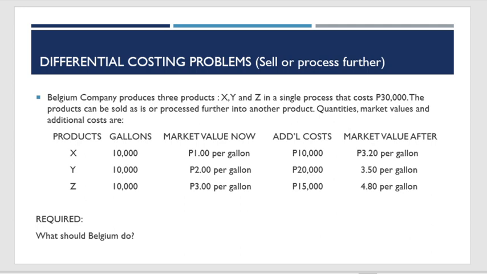So, ano lang ang sinasabi sa requirement? What should Belgium do? So, binigyan ka ng sell or process further. So, ang orientation mo dito ay, ibibenta ko na ba itong product ngayon or ipaprocess further ko para mas kumita ako. So, ano ang decision criteria natin dito? Kapag sell or process further, let's go back.